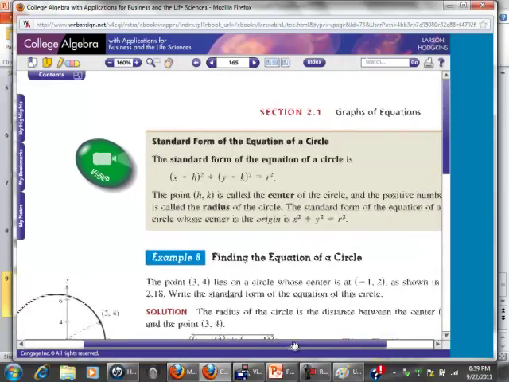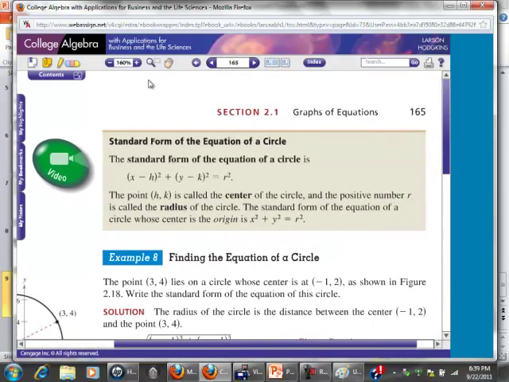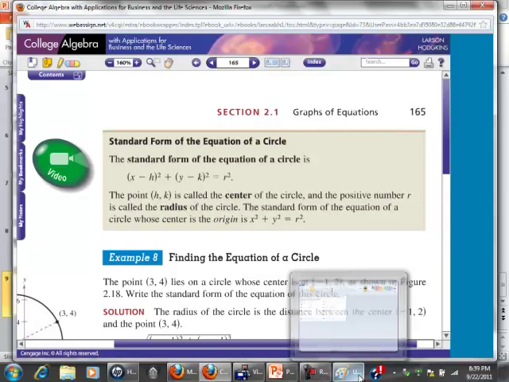So the standard form of a circle that has a center of (h, k) and a radius of lowercase r is in this format: x minus h quantity squared plus y minus k quantity squared equals r squared. That's the standard equation of a circle.